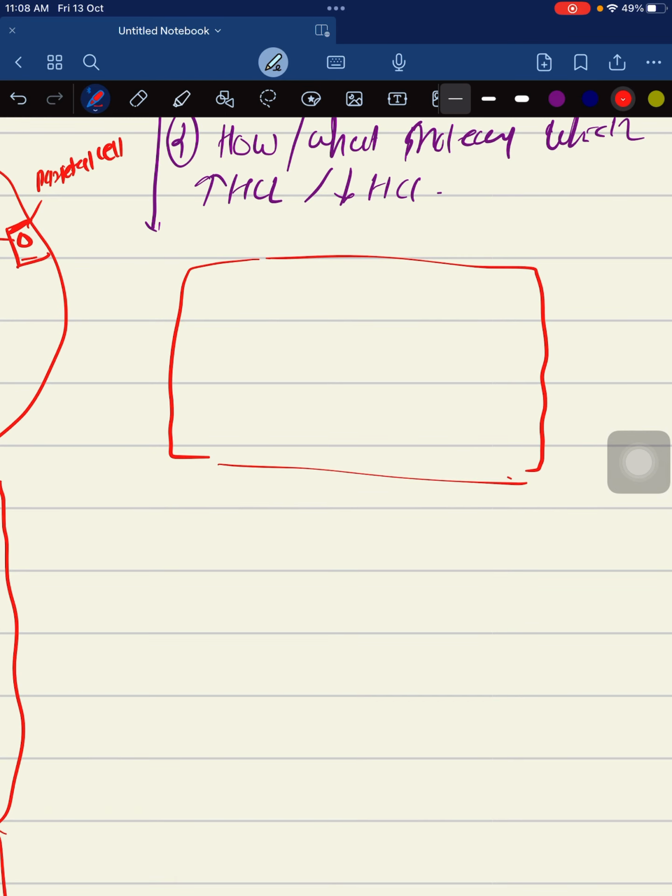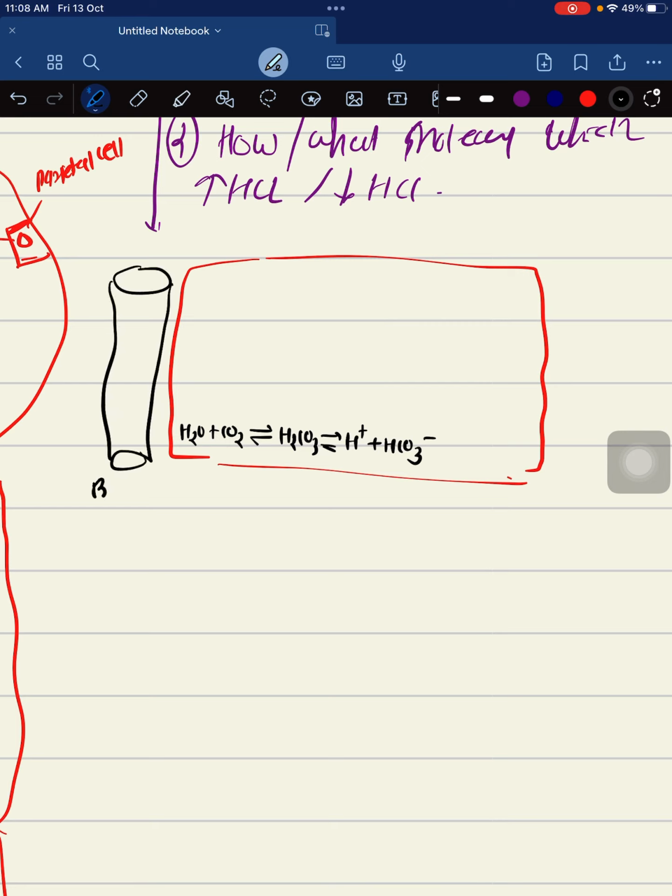Inside the cell, normally, we have water and CO2. They both combine to make carbonic acid. Then it dissociates, making H plus and HCO3 minus. Let's say this is a blood vessel.